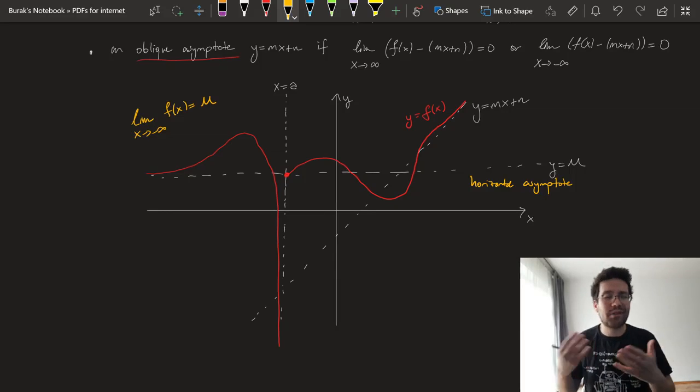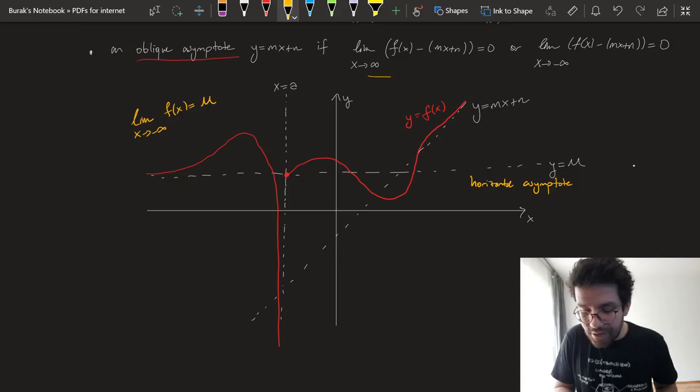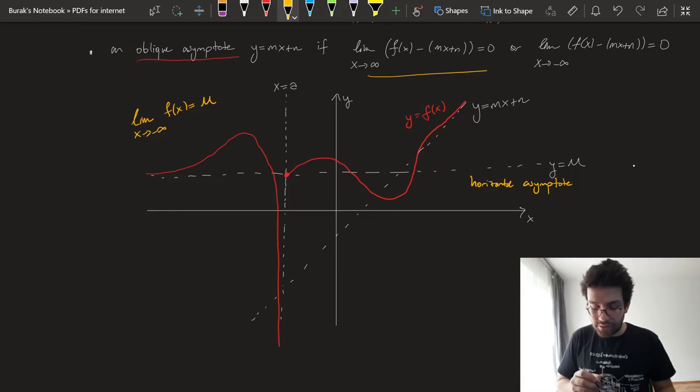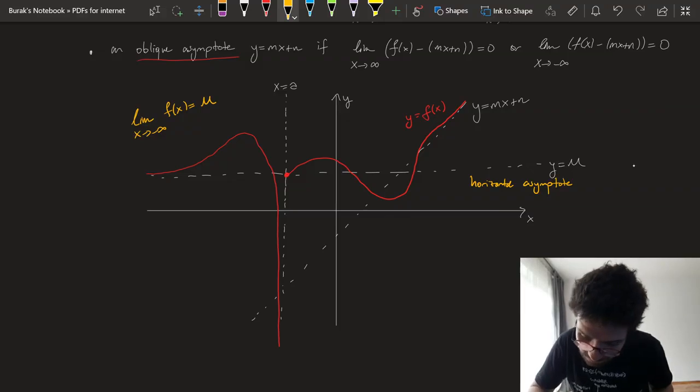What I mean by approximating is the difference between these two functions, f of x and mx plus n, goes to 0 as x goes to infinity. So this will be an oblique asymptote, okay? This by definition will be an oblique asymptote.